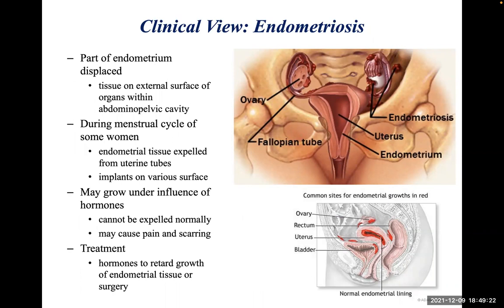And then there are, of course, various homeostatic imbalances that are associated with the endometrium. One of those is endometriosis, which is a complicated disease process that we don't have time to get into any detail about. What I want you all to know is that it's an inflammatory condition.